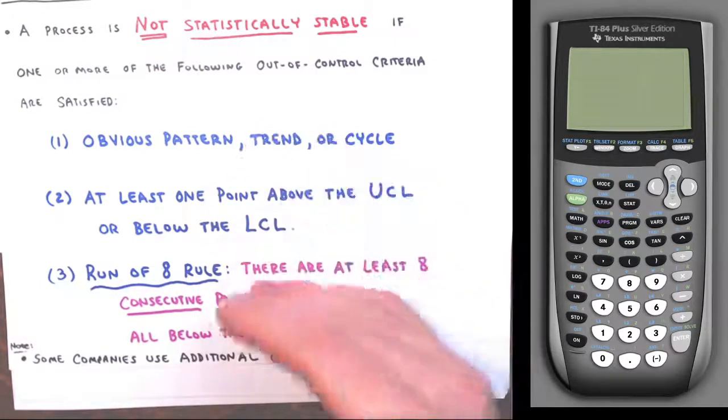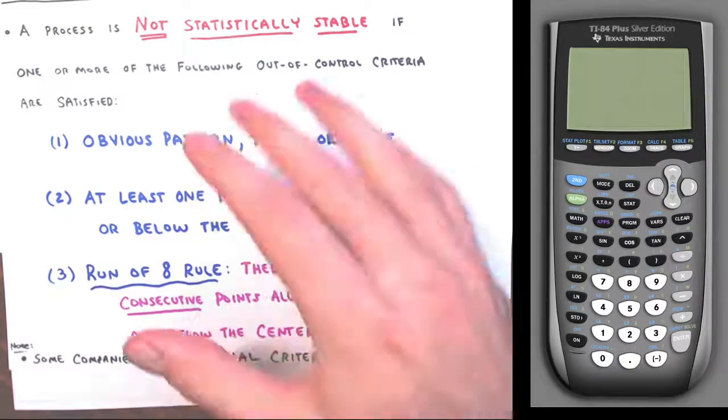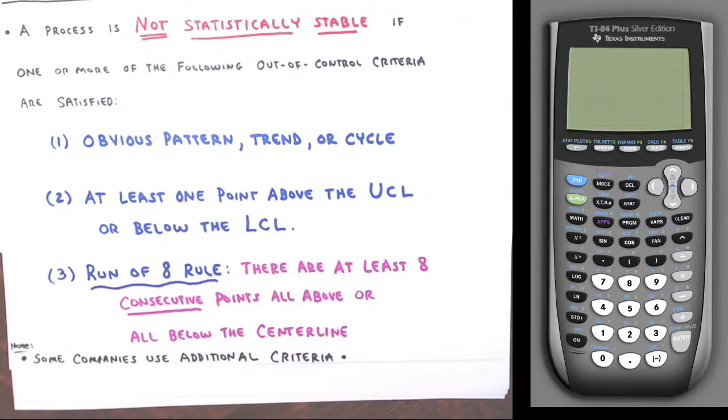I'm just going to stick to the ones I showed you earlier, along with this run of 8 rule. So again, no examples on control charts here. I'm going to have one video each on R chart, X bar chart, and P chart. Hopefully after watching those, and I'll bring these pages back on control charts when I make those videos, the examples that follow will make a lot of sense.